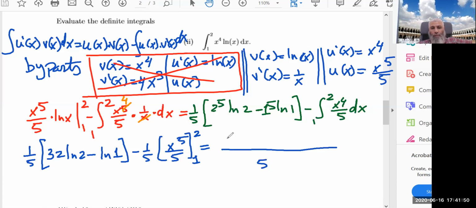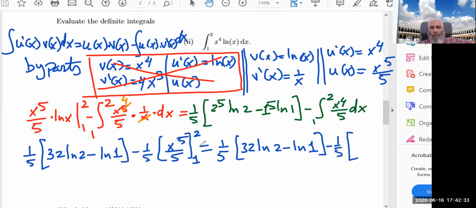So this is 1 over 5 multiply 32 ln 2 minus ln 1, minus 1 over 5 multiply x power 5.